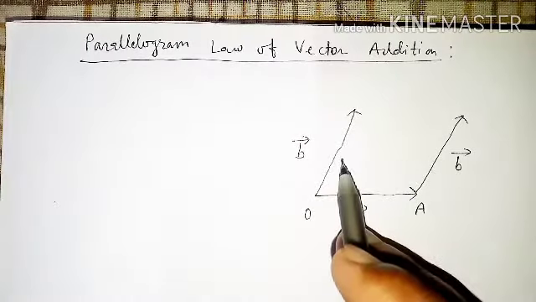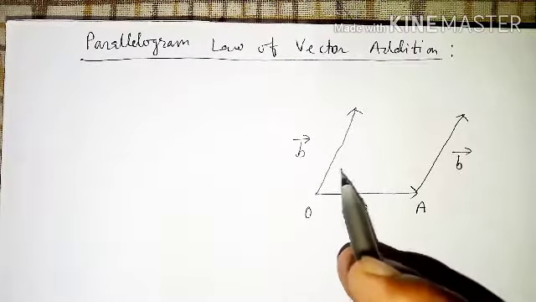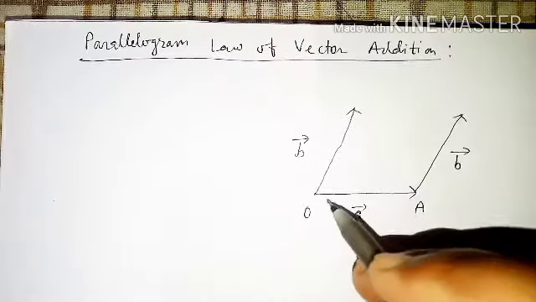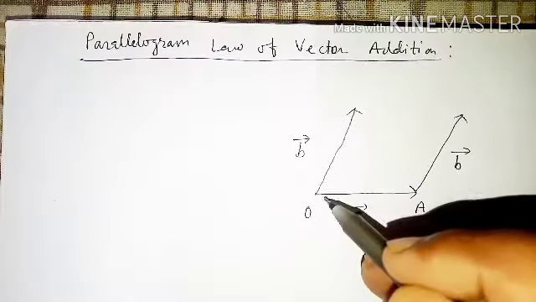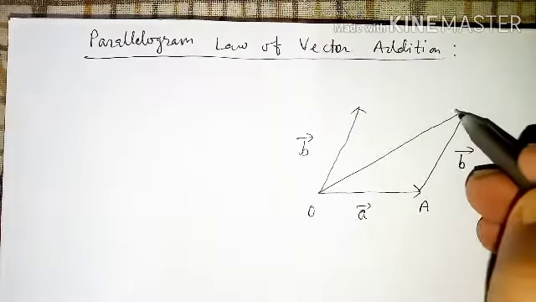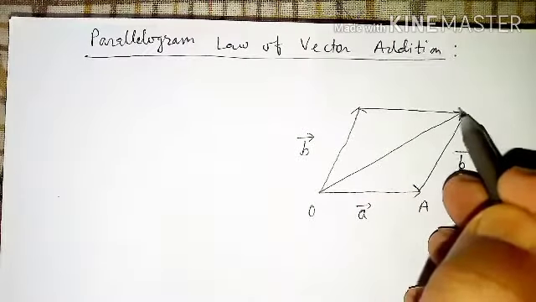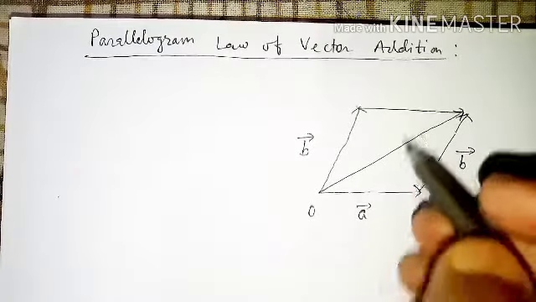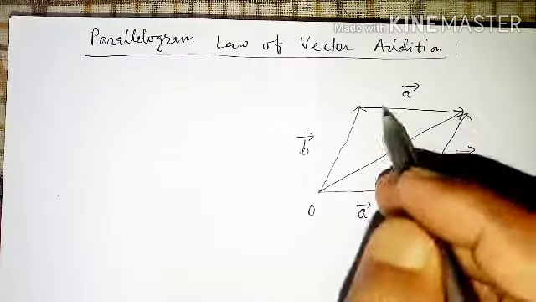These two vectors have same magnitude and are parallel and in the same direction, so they are equal. So vector b, then suppose there are two vectors, vector a and vector b, then the resultant vector is the diagonal through the common point. Parallel to this vector is here another vector which is equal, as it has same magnitude and goes in the same direction.